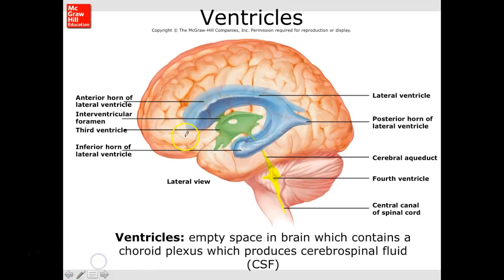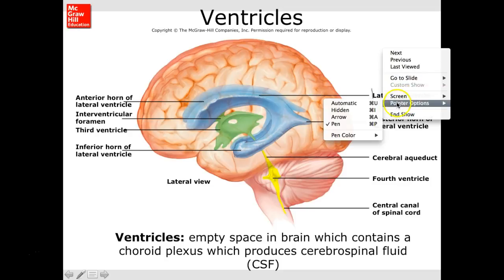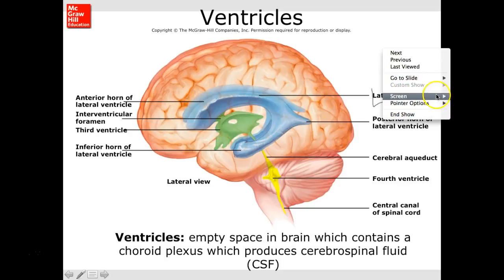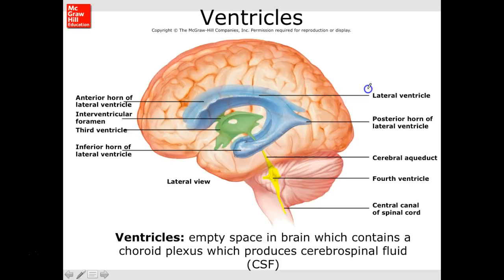The other thing I want you to know is that we have two lateral ventricles, okay, and you could see them in blue here. We have one third ventricle and a fourth ventricle.